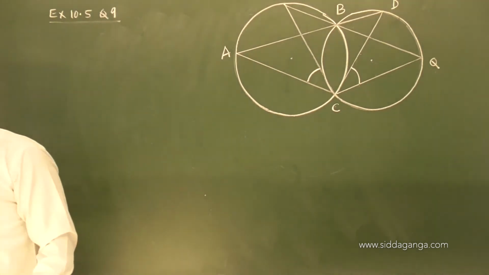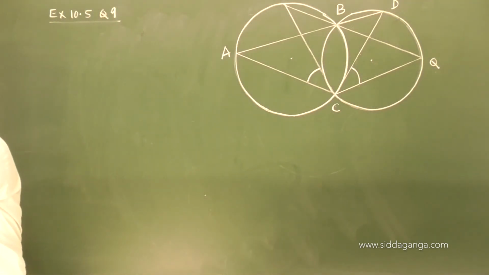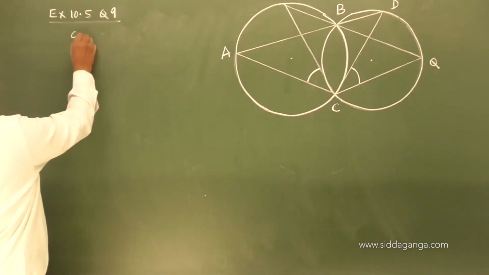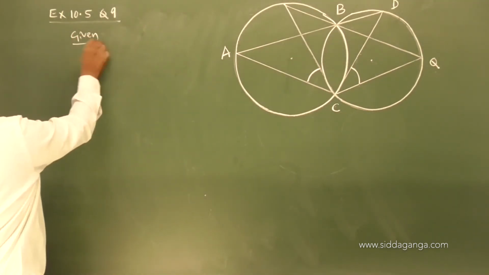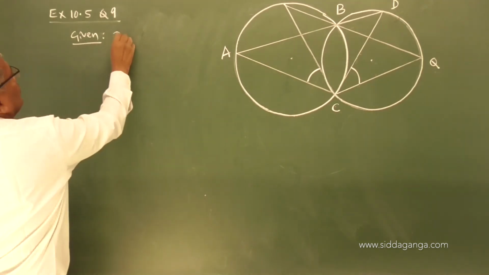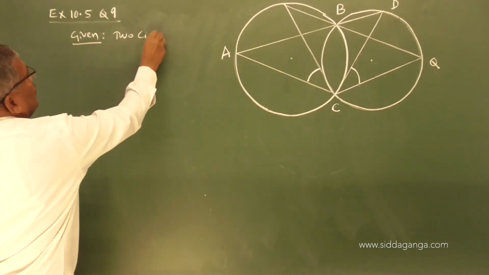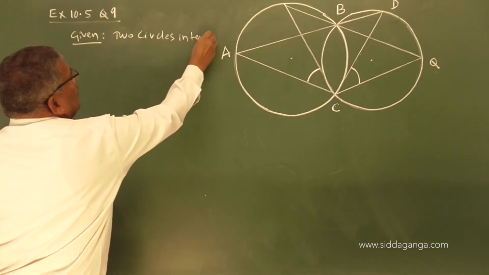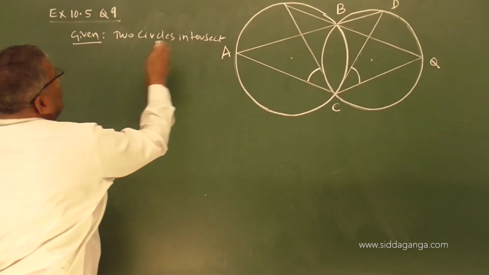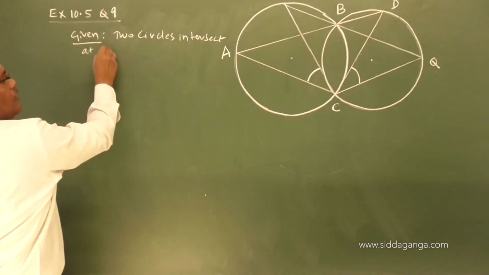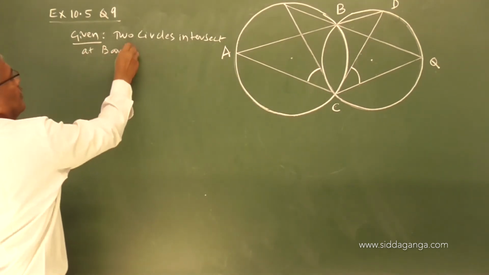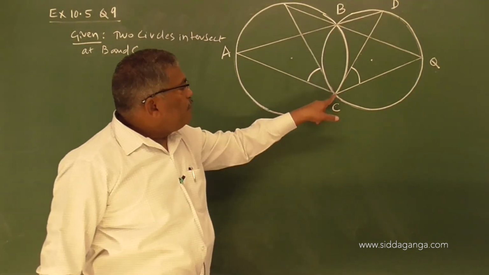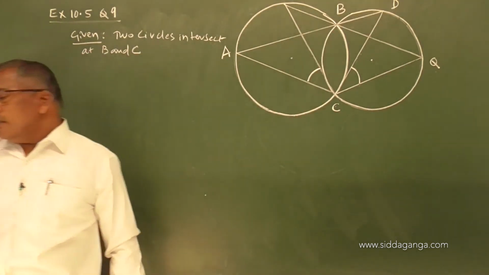Now, so given: two circles intersect at B and C. So at point B and point C, the circles are intersecting.